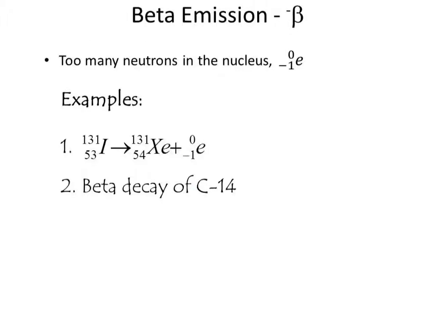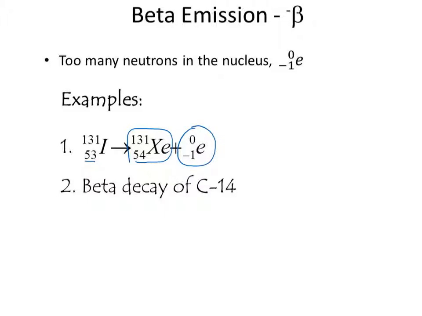So if you want to take this into consideration, here we're going to do some chemical equations dealing with the radioactive decay of beta particles. Here's iodine 131, and it has an atomic number of 53. I will convert one of these neutrons into a proton, and now I have a new element, xenon, and I eject a beta particle.